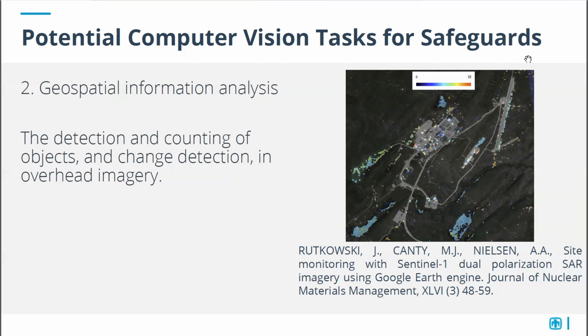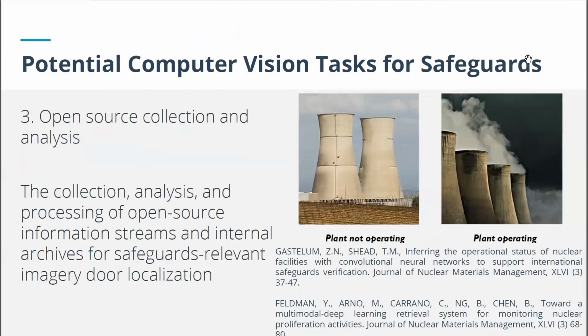And so we're interested in detecting and counting, again, key pieces of equipment, indicators of patterns of life. That could be vehicles, it could be steam coming out of a cooling tower, it could be indicators of construction, clearing forest areas, things like that. So those are some of the applications in satellite imagery that we're interested in.